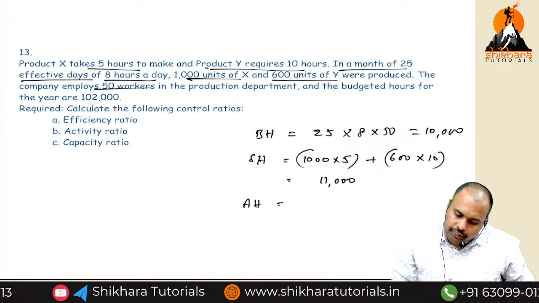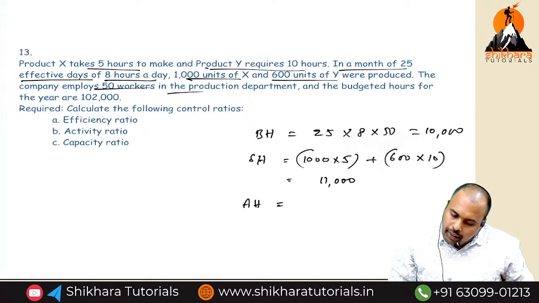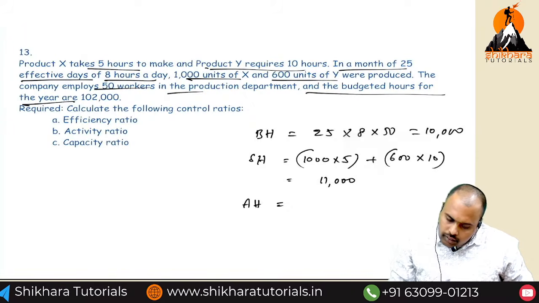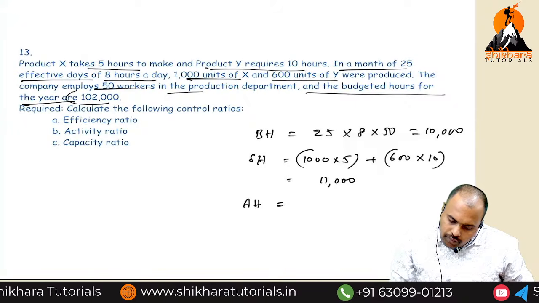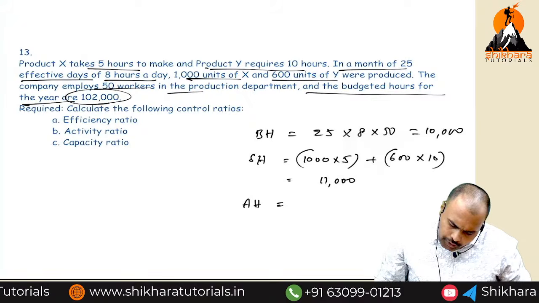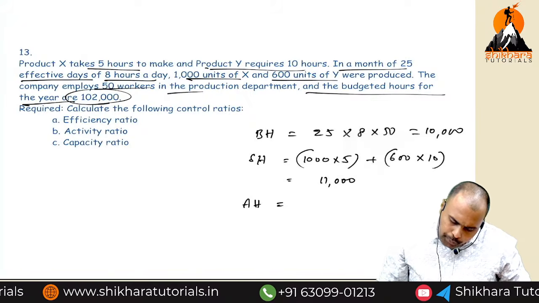What is AH? In a month of 25 effective days, 8 hours a day, the company employs 50 workers.